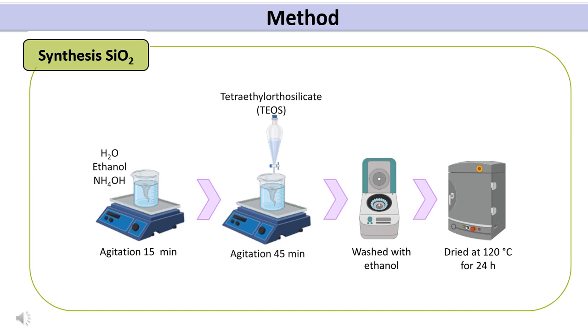Then tetraethyl orthosilicate was added drop by drop under agitation for 45 minutes. The resulting solution was centrifuged and washed with ethanol. Then the resulting solids were dried at 120 Celsius for 24 hours.